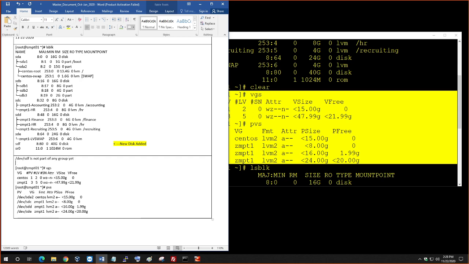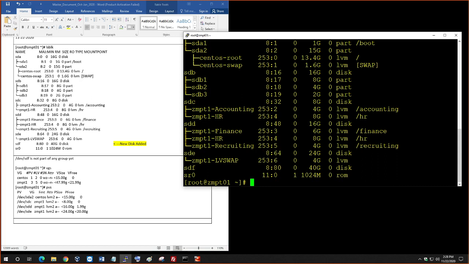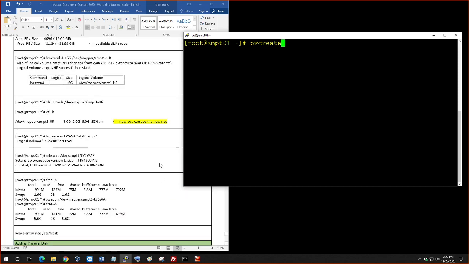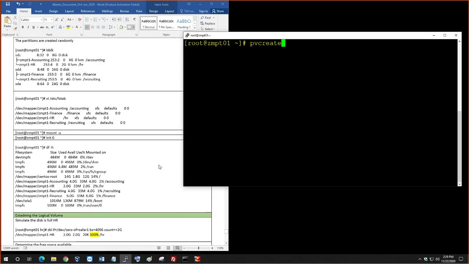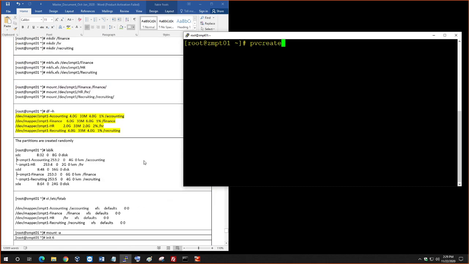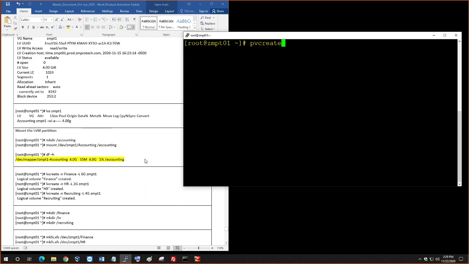So it's still sitting there, and now we have to make it part of one of the volume groups. Before you do that, you have to run the following command. I'm going to run pvcreate. pvcreate takes a disk and makes it ready to be used with LVM.